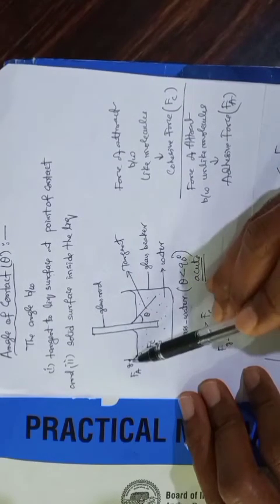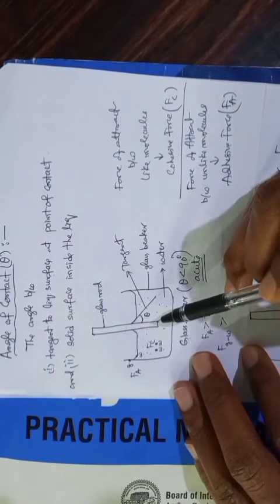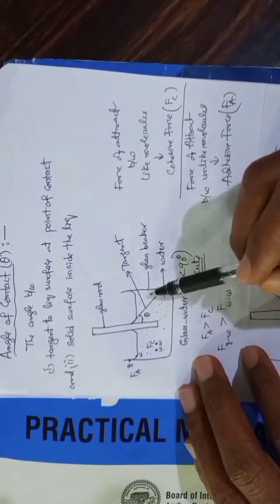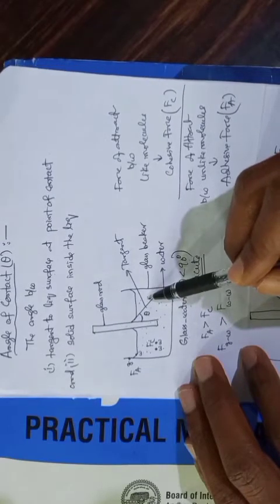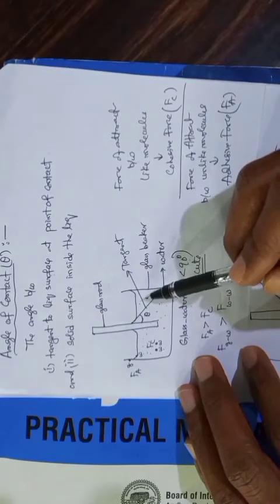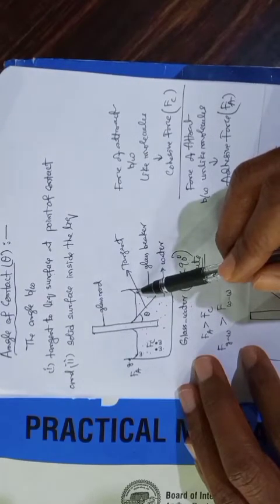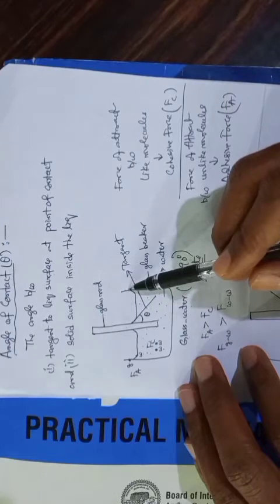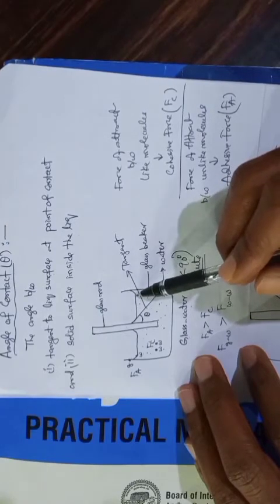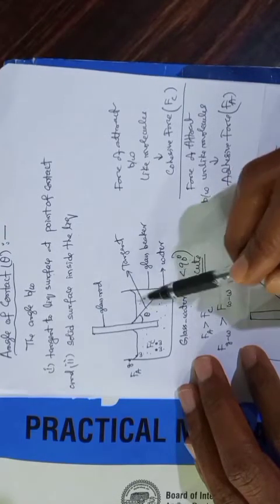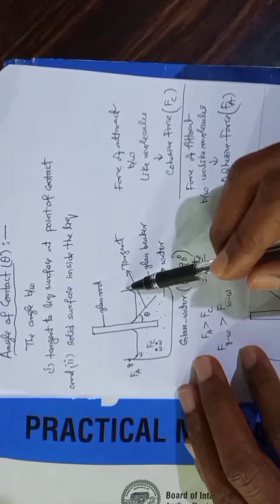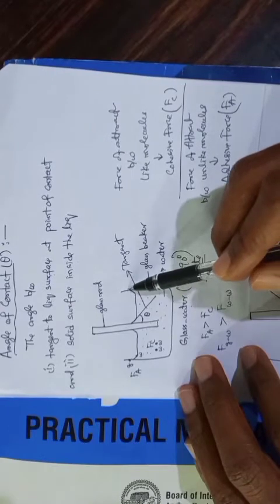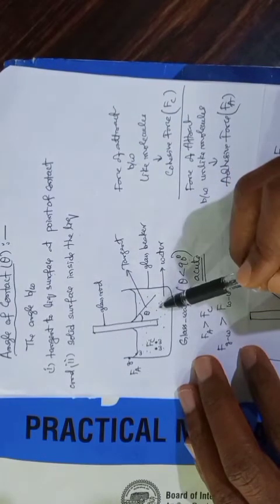What does it mean? Anyhow, there will be a force of attraction between water molecules, but compared to this, the force of attraction between water molecules and glass molecules is more. That's why water has risen up. The force of attraction between unlike molecules is called adhesive force. So here the adhesive force is more than the cohesive force.